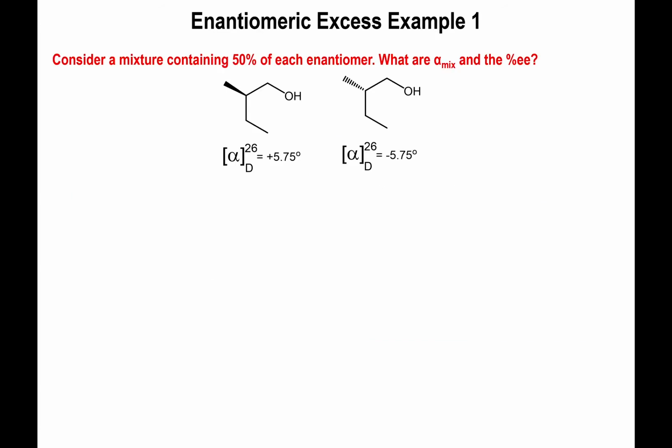Okay, so it's time to show you an example of how this ultimately plays out. Let's say that you do have a mixture, and in this case, this is a mixture of 1, 2, 3, 4. So this is butanol, 2-methyl butanol to be exact, and this mixture contains a 50-50% amount of the two enantiomers.